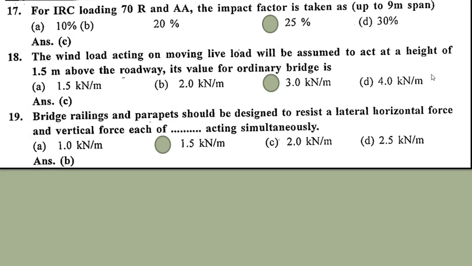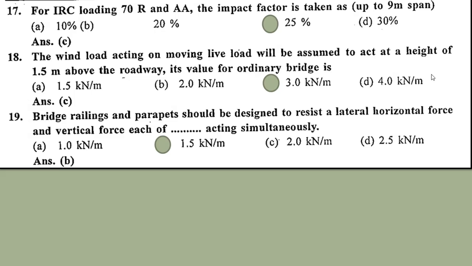Vehicles are moving, so they create a moving live load on the bridge. The wind load acting on that moving live load, that is, on the vehicles in moving condition, is assumed to act at a height of 1.5 meter above the roadway, and its value for an ordinary bridge is 3 kN per meter.